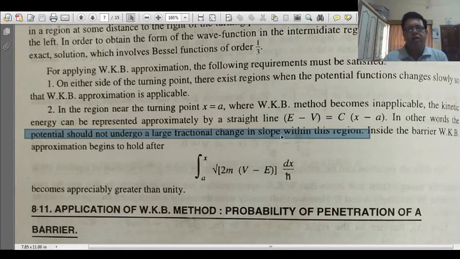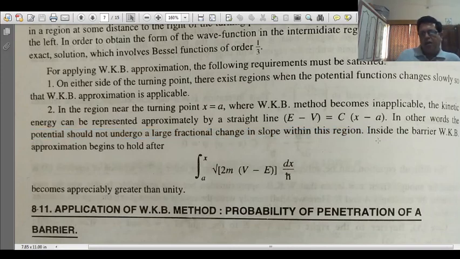So these are the two conditions for the application of the WKB method.